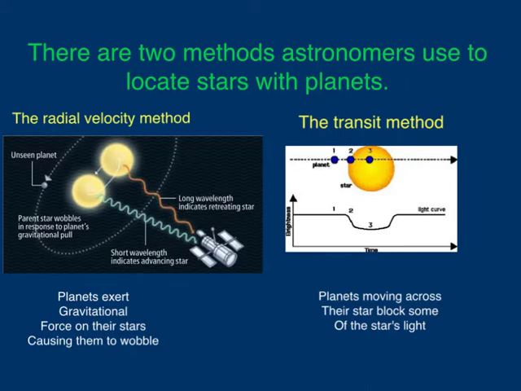However, there is some force that the planet exerts on the star, and so what happens is that the star is actually orbiting around the center of gravity between the planet and the star.